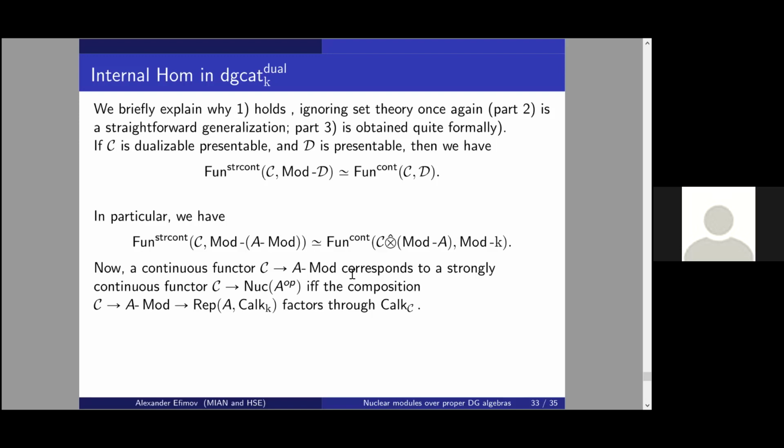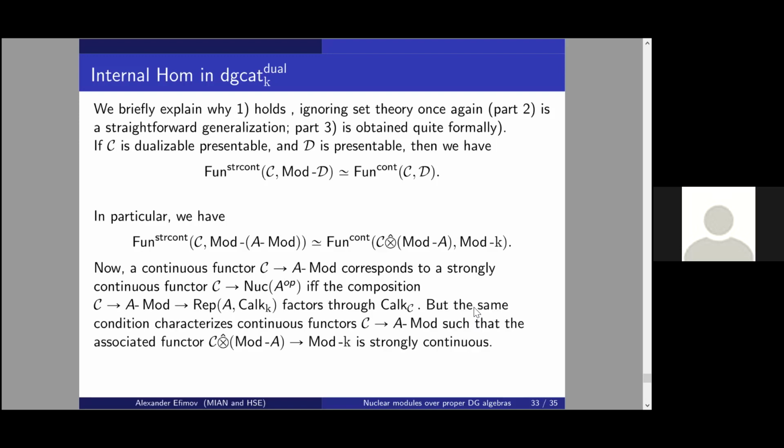what does it mean that it corresponds to a strongly continuous functor from C to nuclear modules? So that this strongly continuous functor from C to modules over modules factors through nuclear modules. And this is actually the condition that the composition C to A modules to representations of A in the Calkin category factors through the Calkin category of C. This can be checked directly.